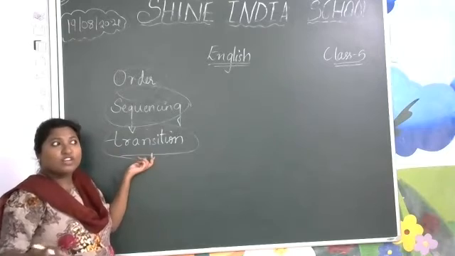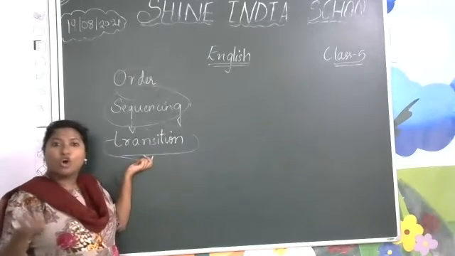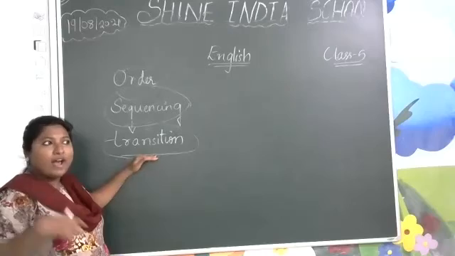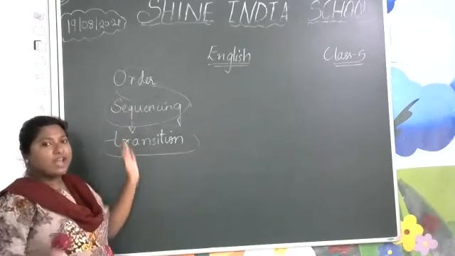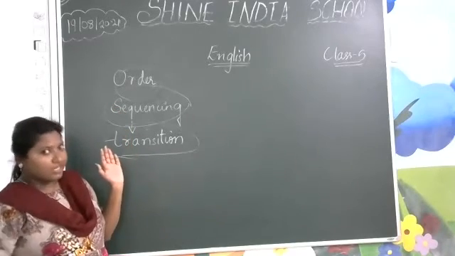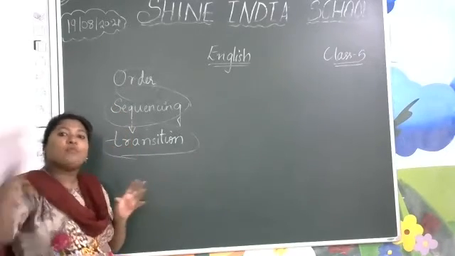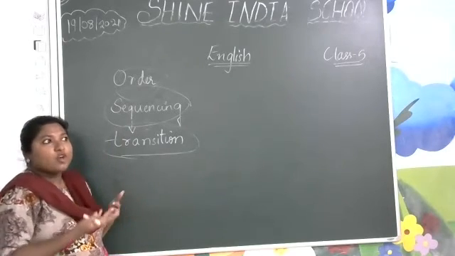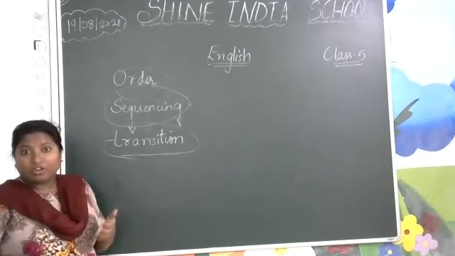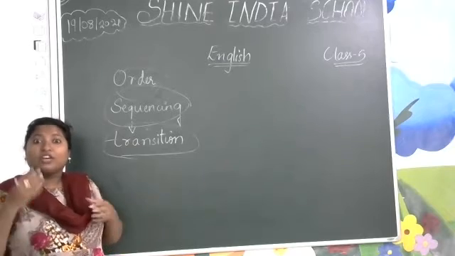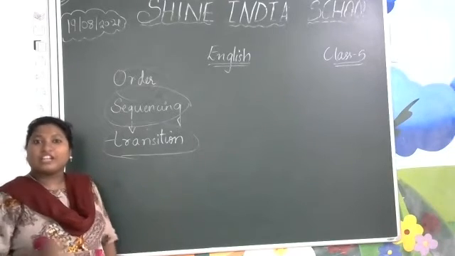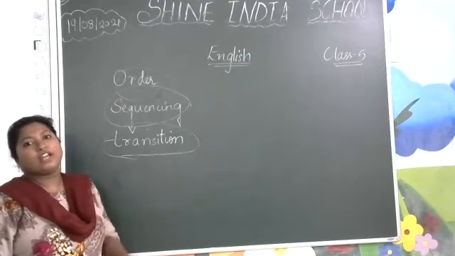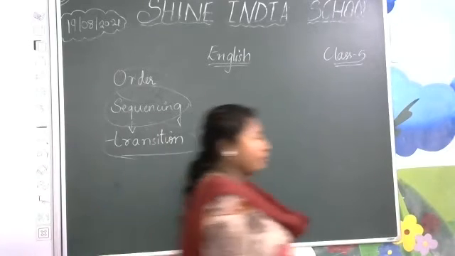Transition words are also the same as order and sequencing words. Along with first, then, next, after that, finally, they gave you some more words. Because from fifth class onwards you should write big paragraphs. That's why you need to learn many transition words which will help you complete the paragraph.